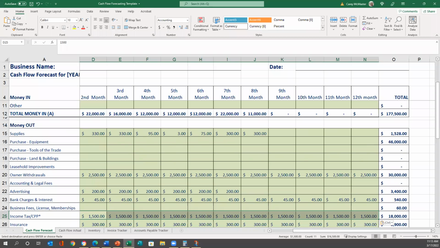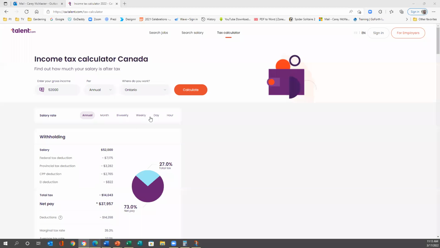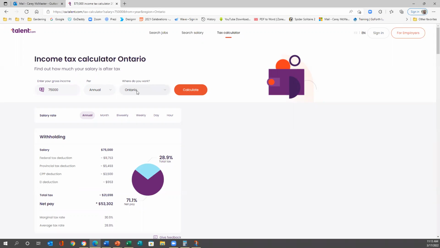So how I determined what my taxes are going to be is there's this little income tax calculator that I found. It's at this website here, and I can put that into the comments or the chat. So what you do is you anticipate after your expenses what your salary is going to be for the year for Ontario, or you can do it whatever province you're in, and then calculate.